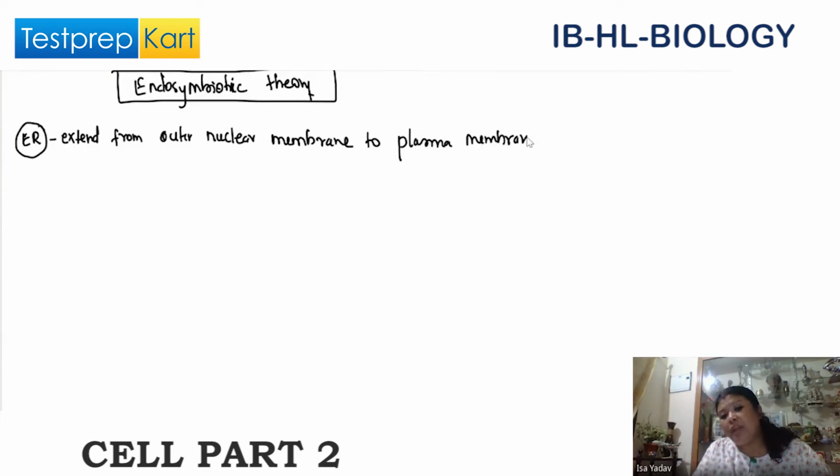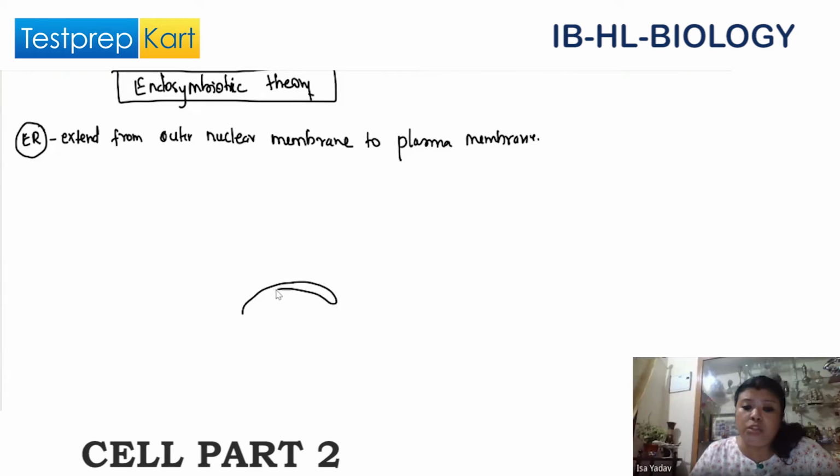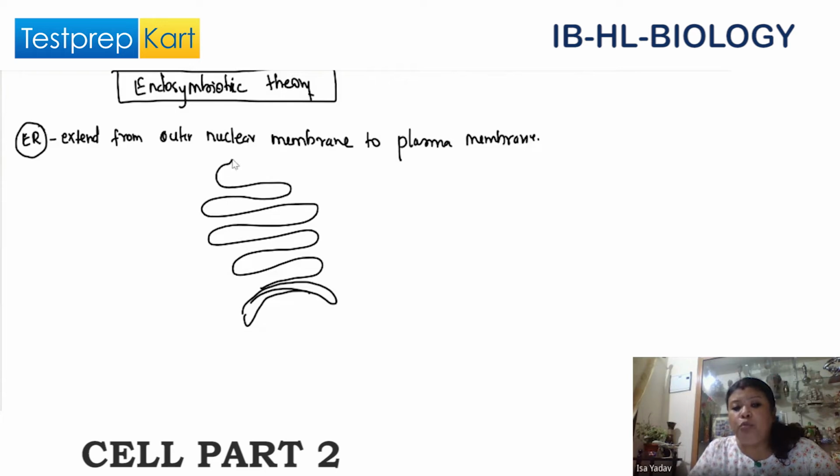Now you see them. Suppose this is the outer nuclear membrane. So it is from here that the endoplasmic reticulum will start and go up to the plasma membrane.